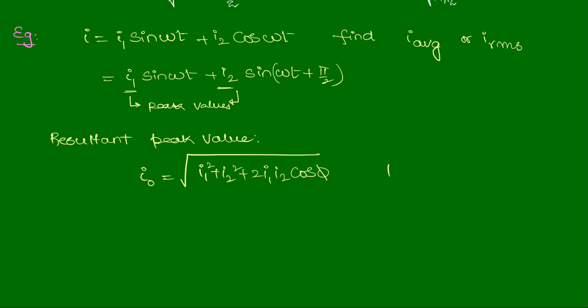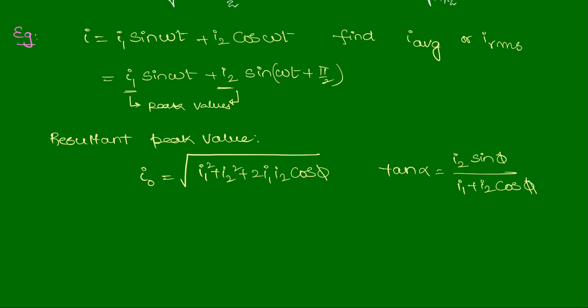And the resultant direction, if they ask, tan alpha will be equal to I2 sin phi by I1 plus I2 cos phi. All these equations we are writing from our parallelogram law of vectors.